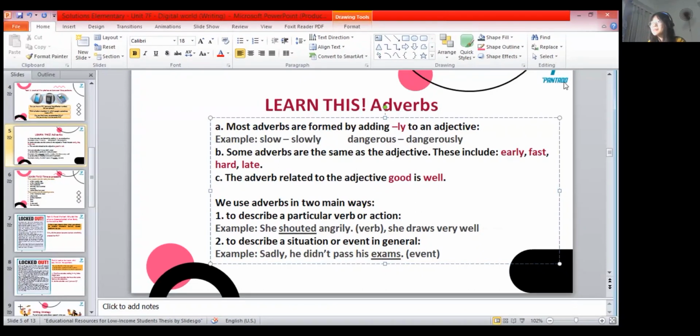So we have big, you mean big? We don't say bigly. We don't have that word. So just say, you mean loudly? She speaks loudly. Because we don't have bigly.